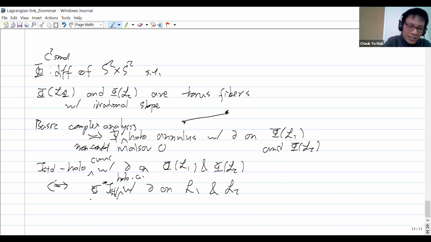So as long as this is omega-tame, then you can even make it compatible. Then using the counting of J holomorphic curves here, you know that there are no Maslov zero holomorphic annuli with boundary on these two. So that's how you move away from the wall.